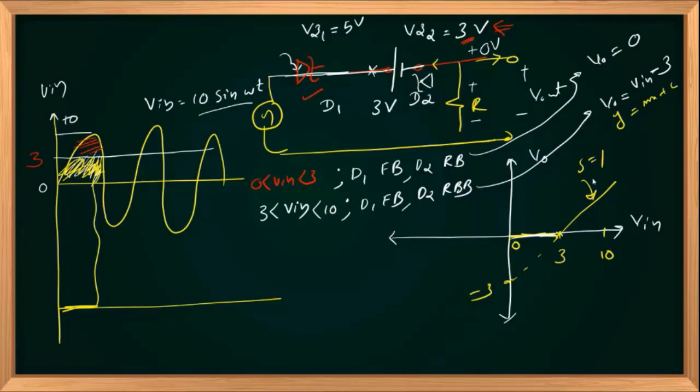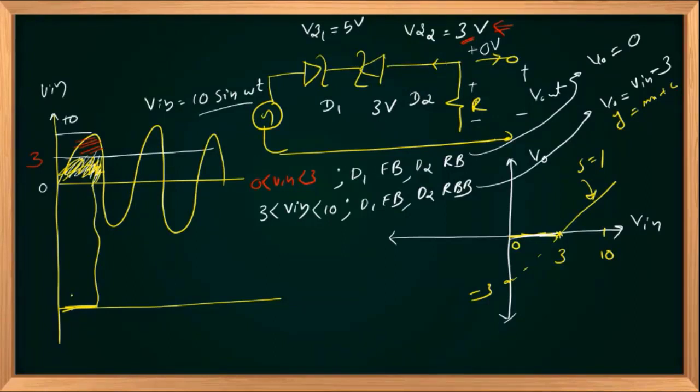Let us take the other cycle, the negative cycle. My diode was connected like this. So here we are about to draw the waveform.